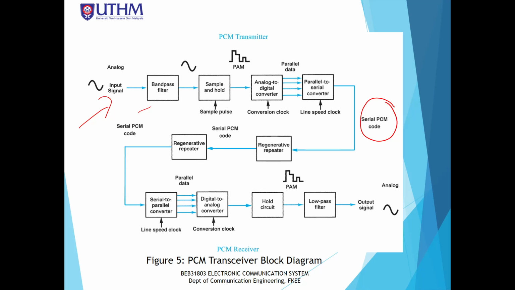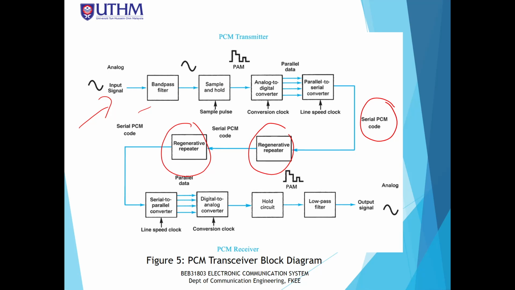So kita hantar dalam bentuk PCM, kita hantar dalam digital signal, digital pulses menggunakan line, secara menggunakan line cable. Okay, so we send the digital pulses through a long distance, and within the transmitter and receiver we need to have a repeater. Okay, a few repeater. So this repeater will regenerate the signal.